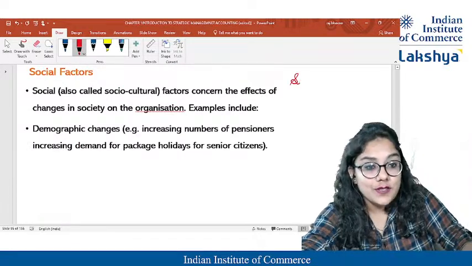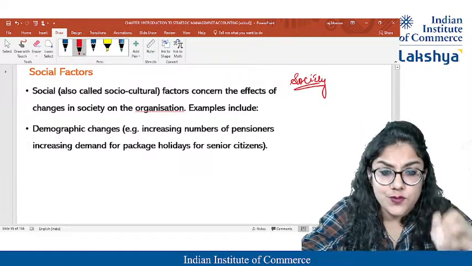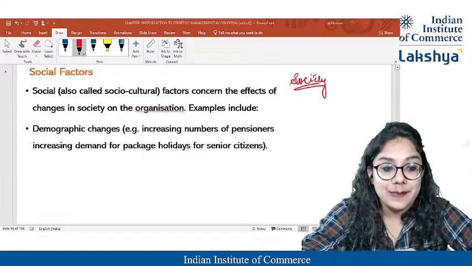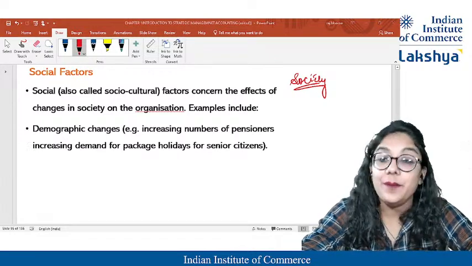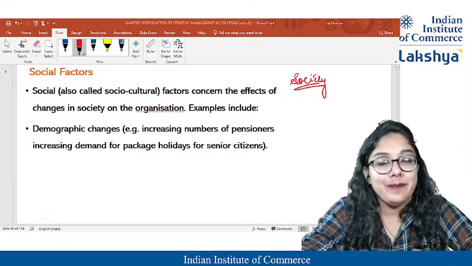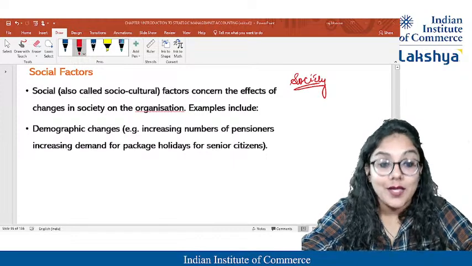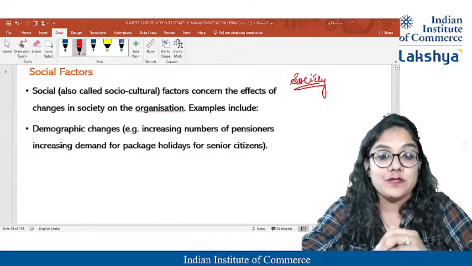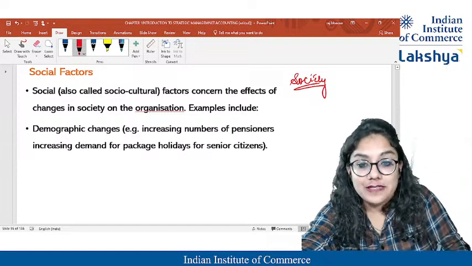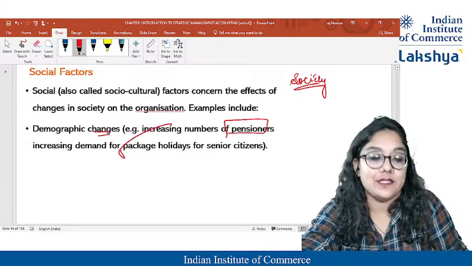S is society, social factors. We need to be very social. If I'm doing anything against society, people will not accept it, and if people don't accept it, the company cannot grow in the long run. I have to respect the culture that has been analyzed. For example, demographic change, like an increasing number of pensioners, raises demand for package holidays.